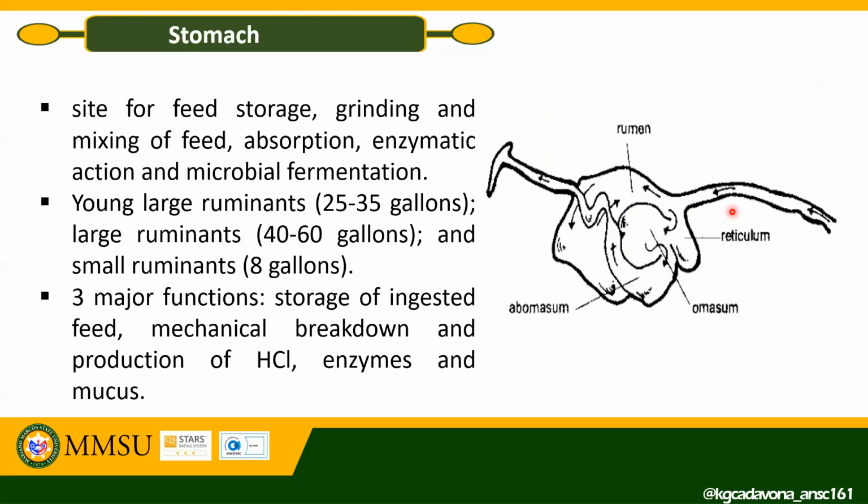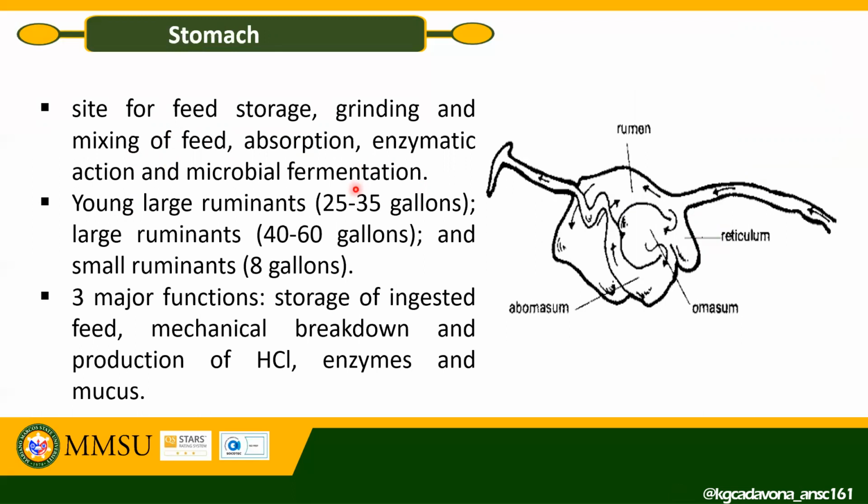Now we move to the next part of the digestive system of the dairy animals as well as the ruminant animals, which is the compound stomach. So this muscular digestive organ serves as a site for feed storage, grinding and mixing of feed, absorption, some enzymatic action, and microbial fermentation.